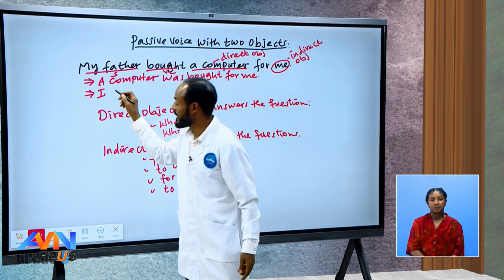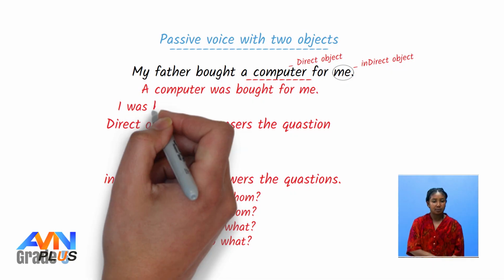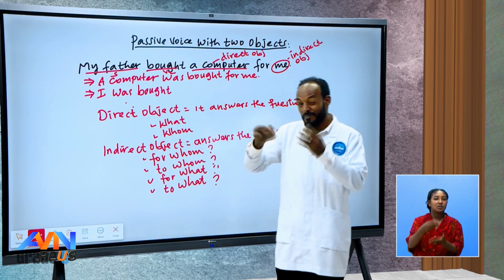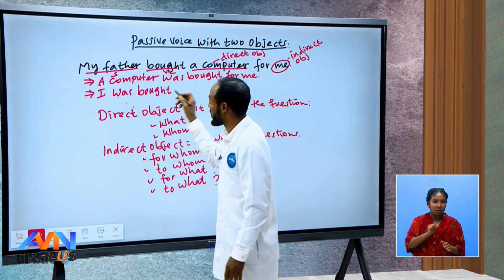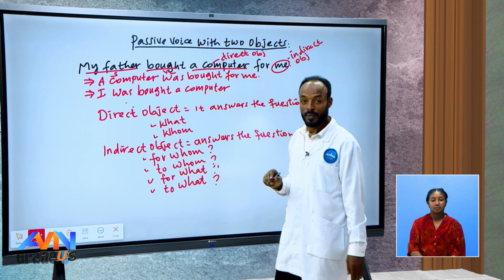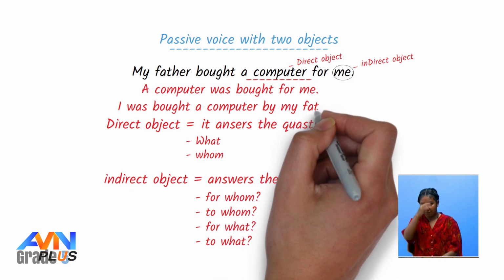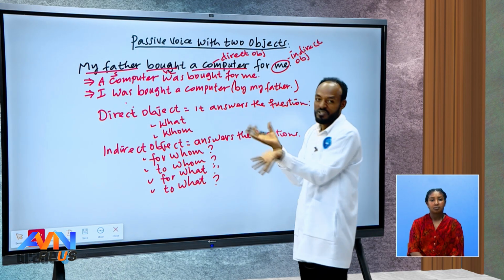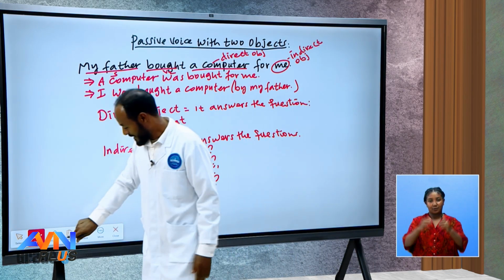So we can say, I was bought. I was bought means I'm the receiver. What's bought for me? The computer. So I was bought a computer. By whom? By my father, if necessary. If not necessary, we can leave it. This means it is optional. Am I right? Bravo.